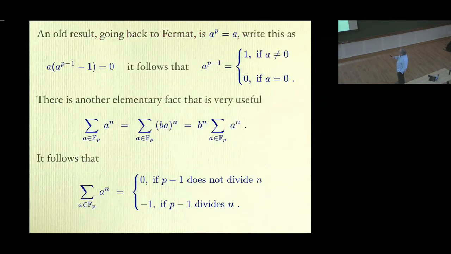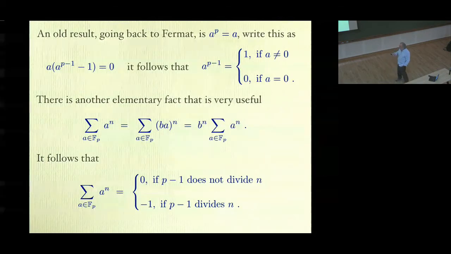And then there's an old result that goes back to Fermat, which says that a to the p is a mod p. Right? This is very easy to prove by induction on a. And if you don't believe induction on a, then, as I like to say, 3 to the 5th is 243, right? And 243 is indeed 3 mod 5.